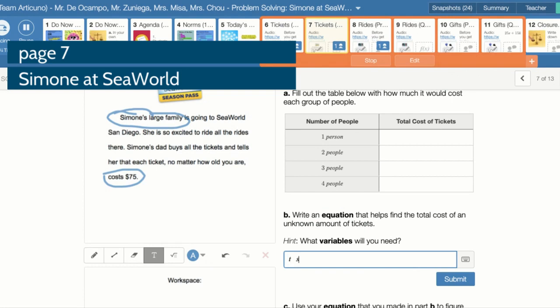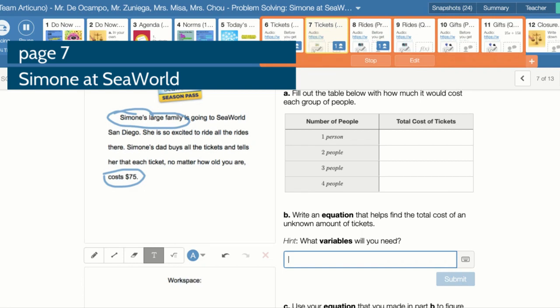And when we're talking about algebra, we want you to use variables. So you want to use 1 letter or 2 letters in your equation, okay? And one hint that I'll give you right now is that you should be using 2 variables in this equation, okay? Now, you might be wondering, what variables am I going to use?